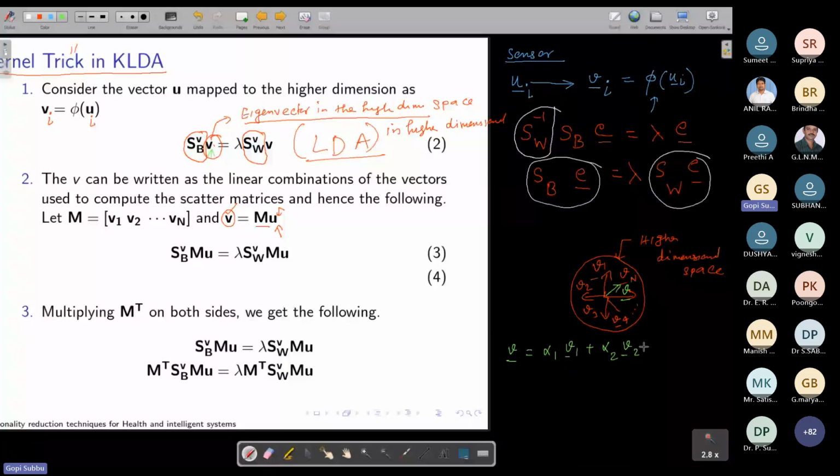Say, suppose I have n vectors available in the data set, right? I can represent this eigenvector as a linear combination of these vectors, so v1, v2, and so on up to this vn.